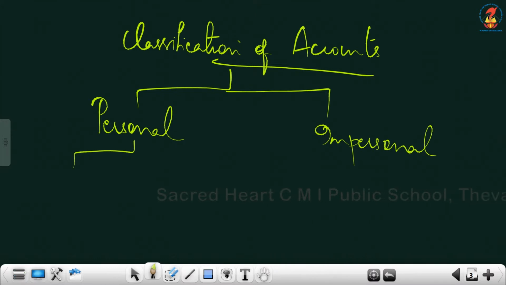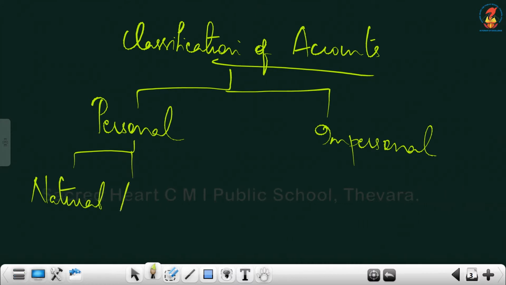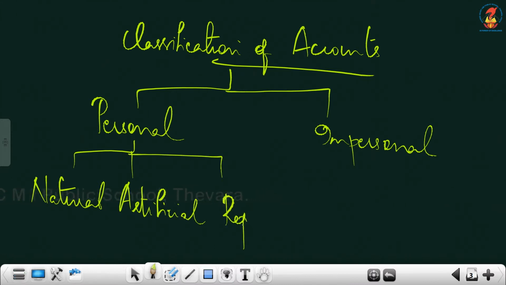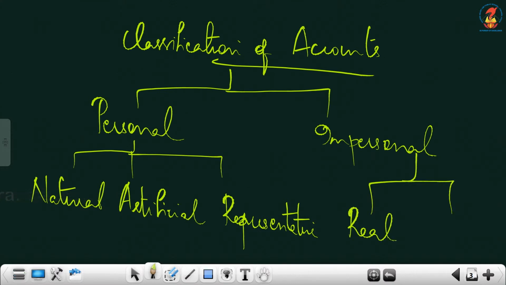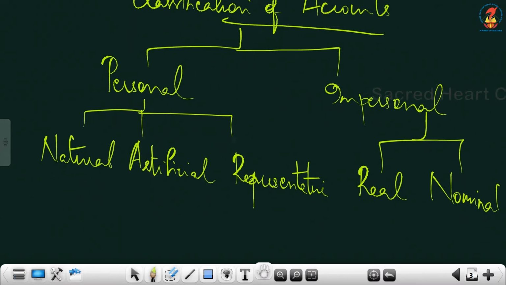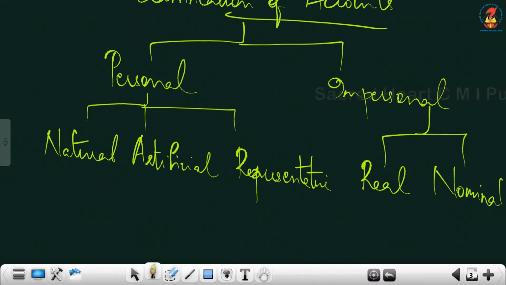Personal can again be divided into natural personal, artificial personal and representative personal. Impersonal can be divided into real accounts and nominal accounts. All these are new terms for you, so we will discuss each and every term.